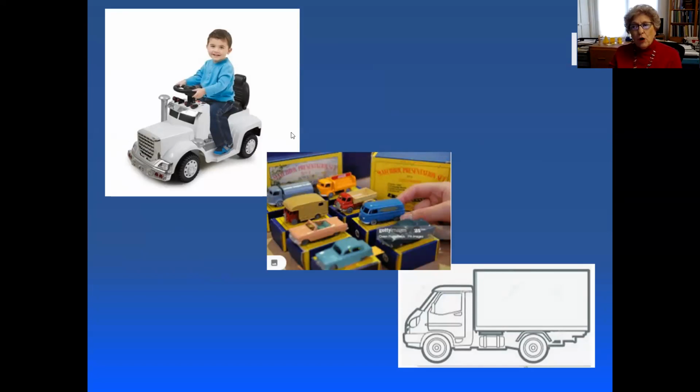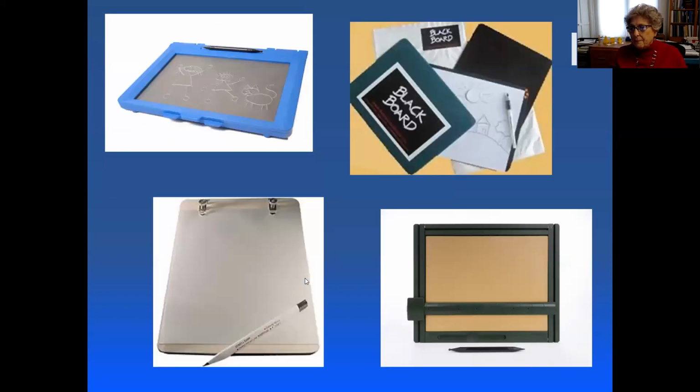And then you go from that thing, which is not the real thing, but it's a bigger model of the real thing, down to the matchbox trucks and cars and vans and that kind of stuff, and then to a drawing of that truck, just making that transition from something that's more real down to something that's a symbol that represents it.